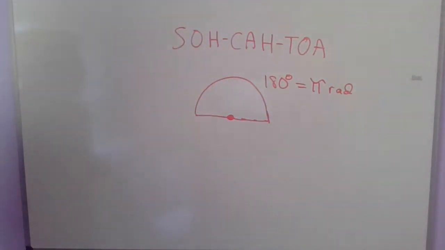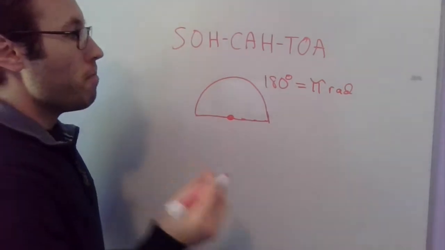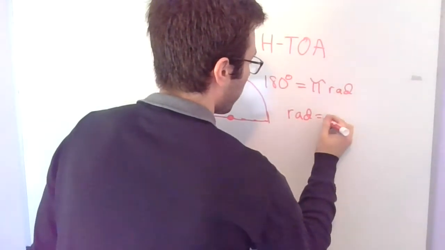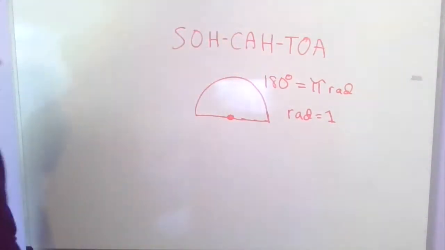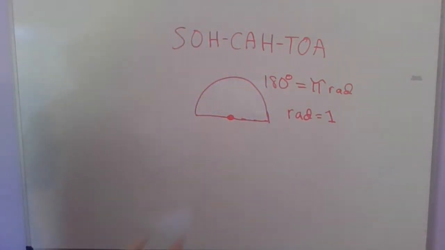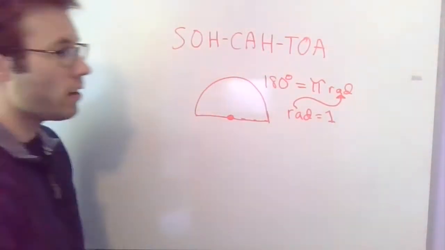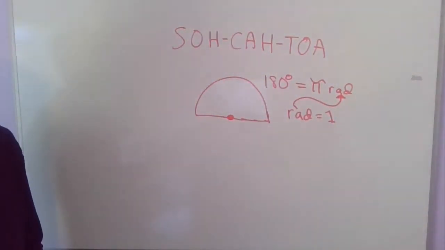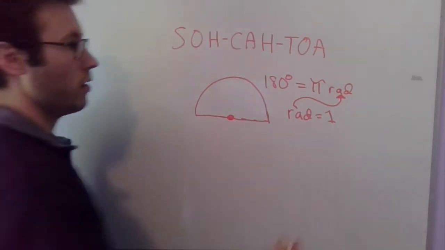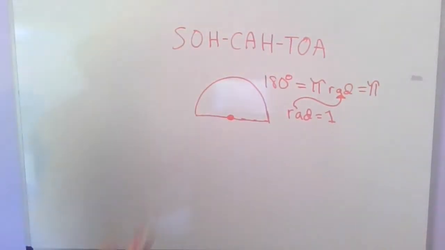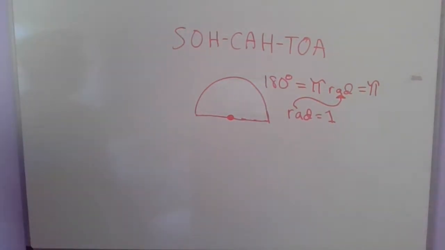And we said earlier that a radian is a dimensionless unit, so a radian really is equal to the number 1. So 180 degrees is equal to pi times the number 1, which is really just pi. So it's pi radians or just pi.